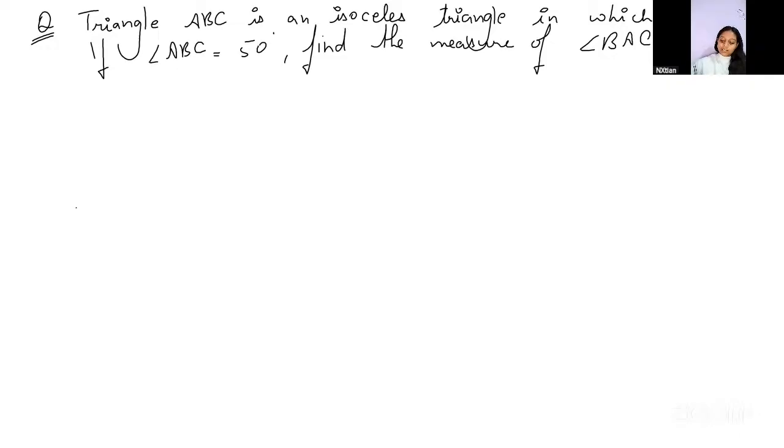ABC is an isosceles triangle in which angle ABC is 50 degree.